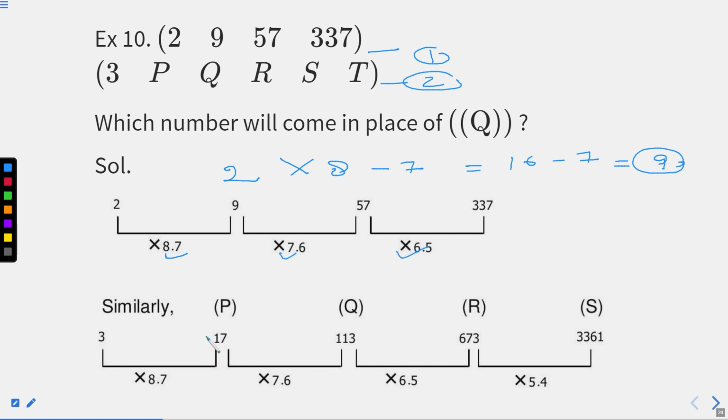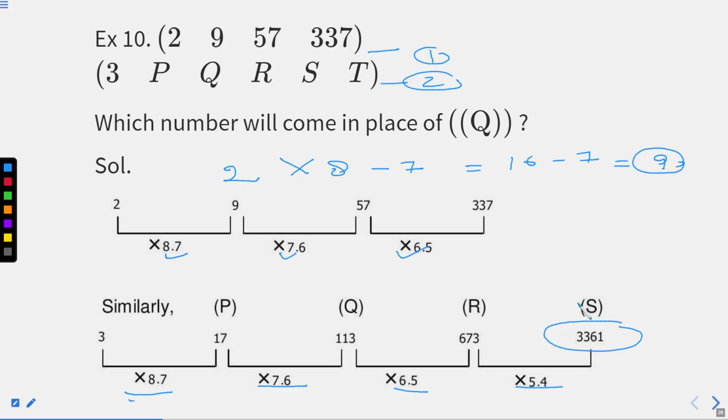In the lower series also we are doing the same. Multiplied by 8 minus 7, multiplied by 7 minus 6, multiplied by 6 minus 5, multiplied by 5 minus 4. So eventually we'll get to our answer that comes out to be 3361.